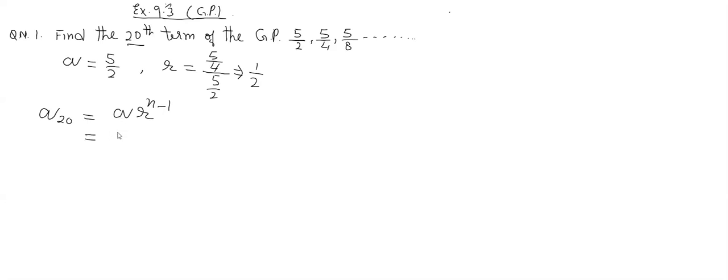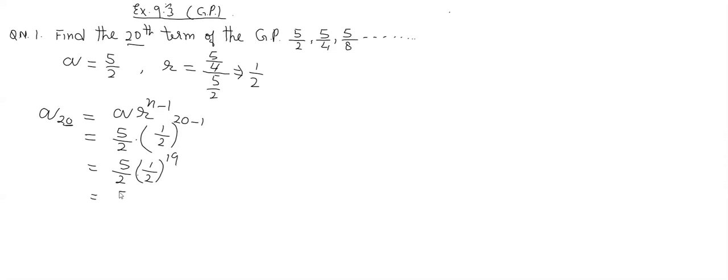So in place of a, you should write 5 by 2, into, in place of r is 1 by 2, n means 20, 20 minus 1. After simplification, we will have 5 by 2 into 1 by 2 raised to the power 19.